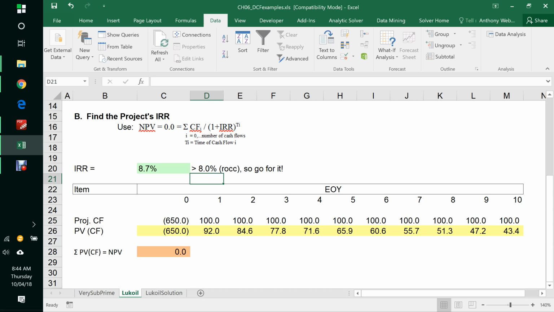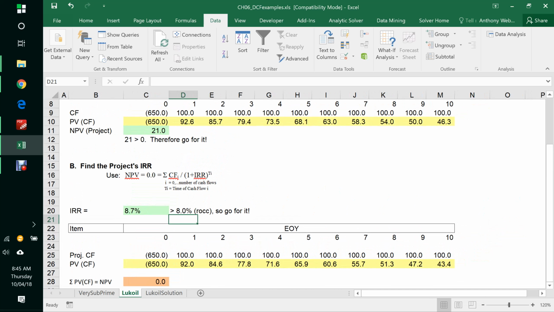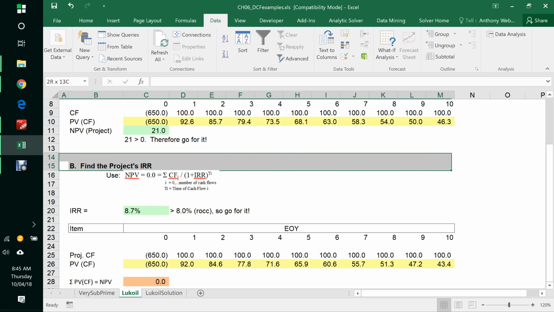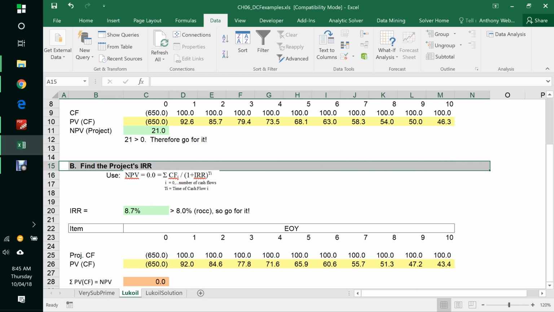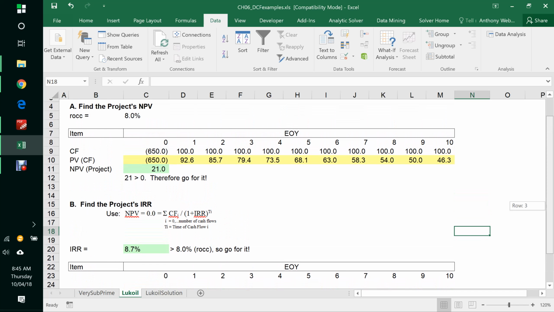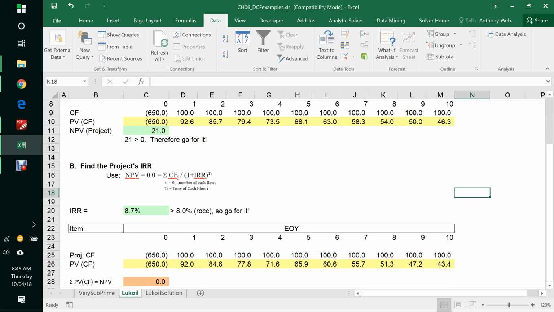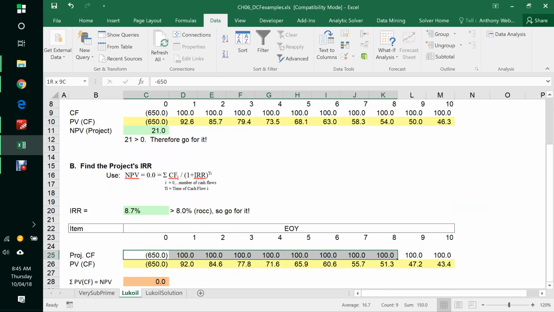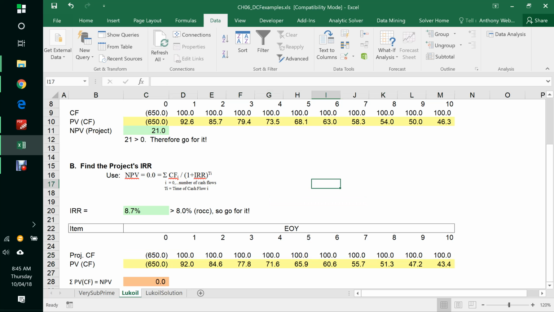And this brings up another point, which is important to think about. In general, in cases where you can compute the IRR, and we know sometimes you can, sometimes you can't, for sponsors we're not going to use IRR, we're going to use NPV. But I used it here because clearly it works in this case, even though Lukoil is the sponsor.